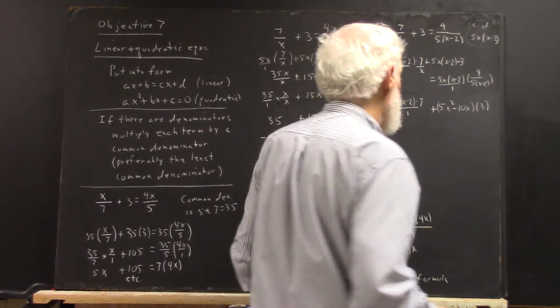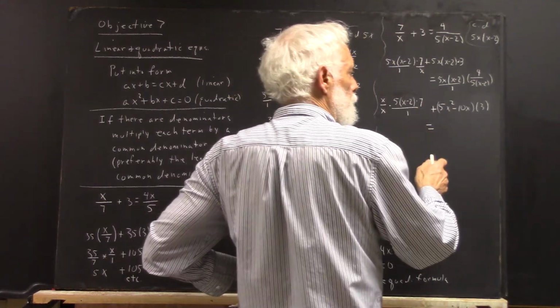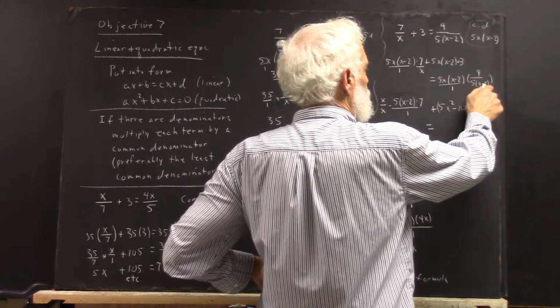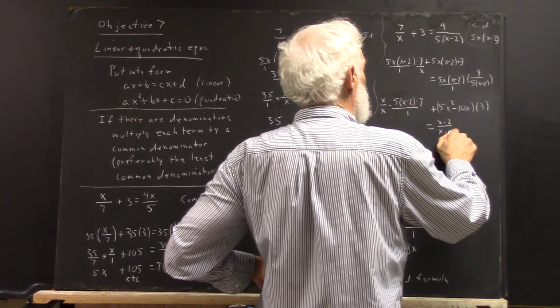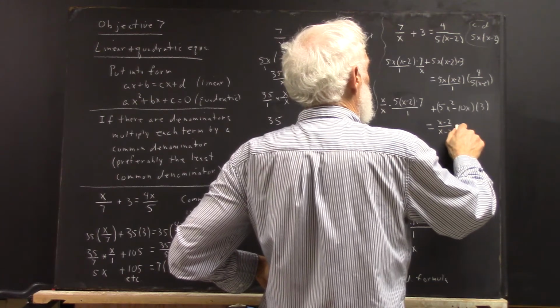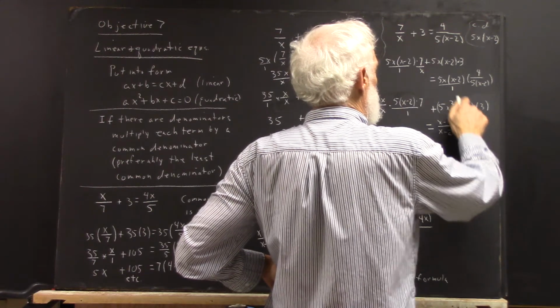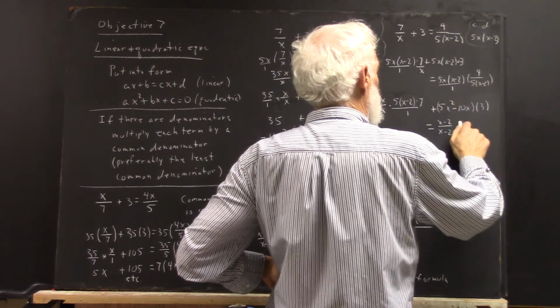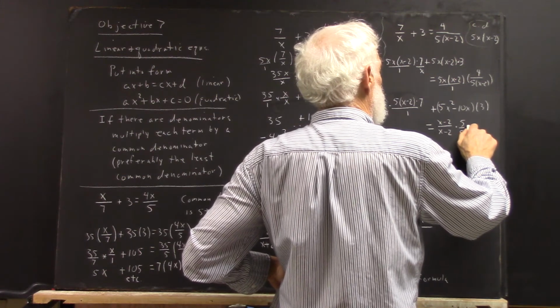This term is fine the way it is, but this last term, we have an x minus 2 here and an x minus 2 here. So we're going to write it like this. And then we've got a 5 here and a 5 here, so we'll match those up.